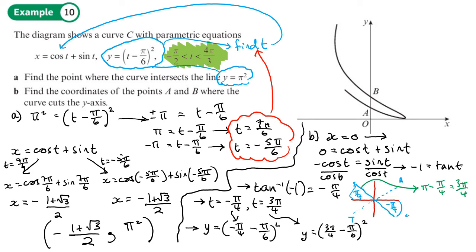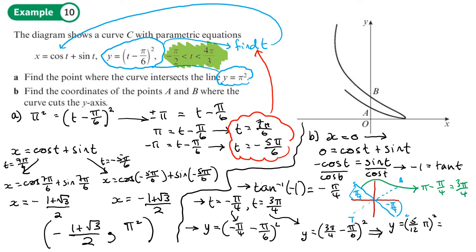Let's work out what our two values of y are. So the first equation over here gives me an exact value of y equals (5π/12) all squared. Now my calculator gives a decimal answer.